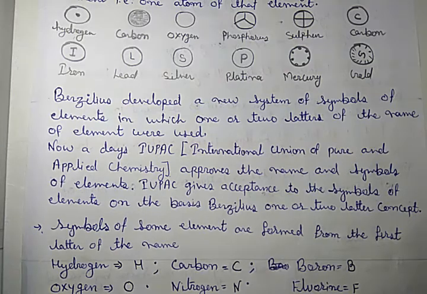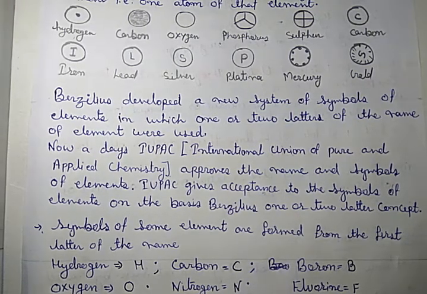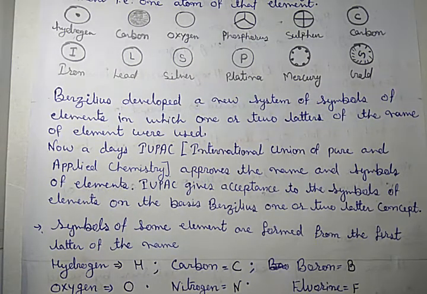In present times, IUPAC, the International Union of Pure and Applied Chemistry, approves the names and symbols of elements. IUPAC accepted the Berzelius concept of one or two letters.